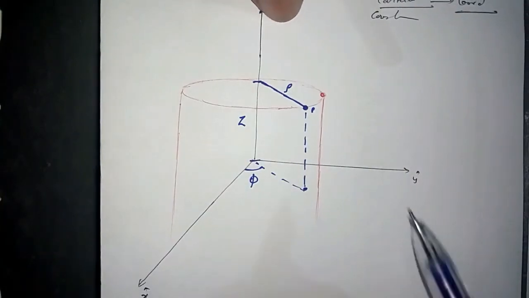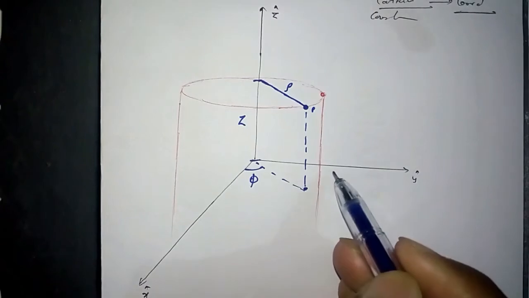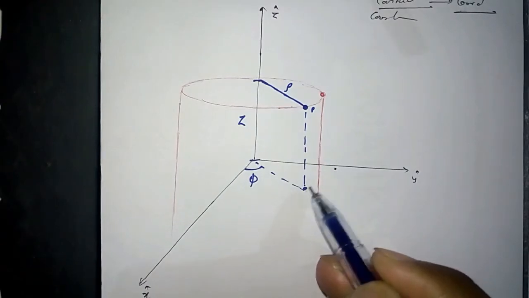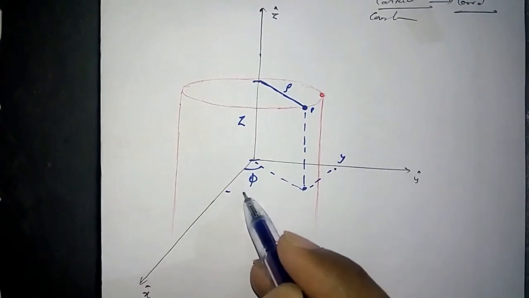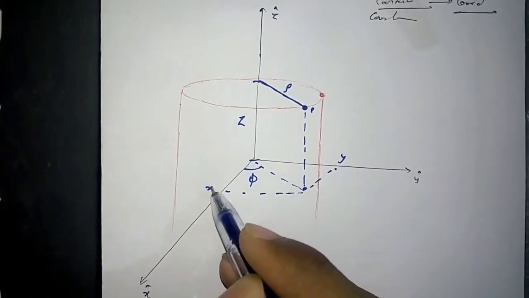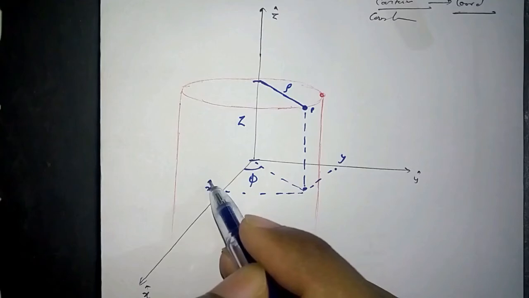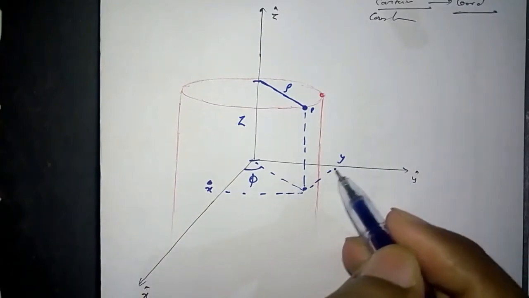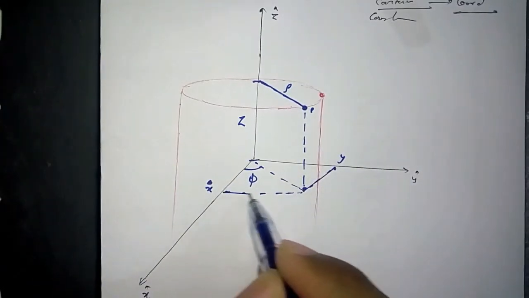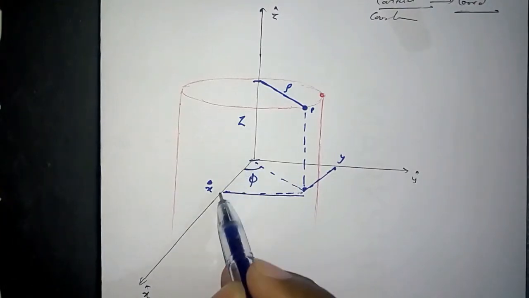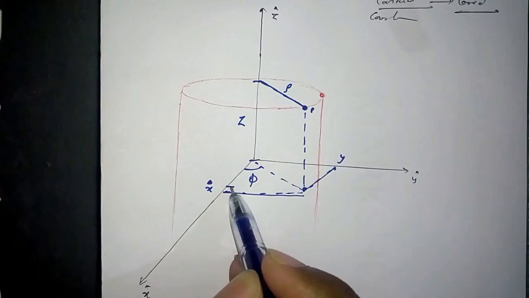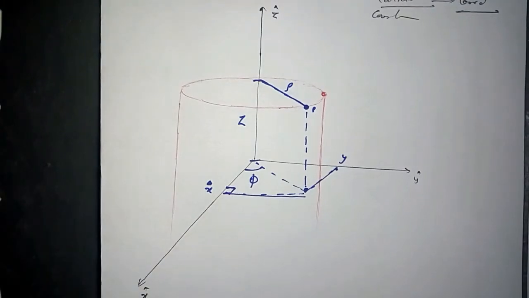Okay, so this point has some value of y, we have discussed in the last class, some value of x also, not x cap. Okay, some value of x and some value of y. So this thing has become a right angle triangle where this is a 90-degree angle.